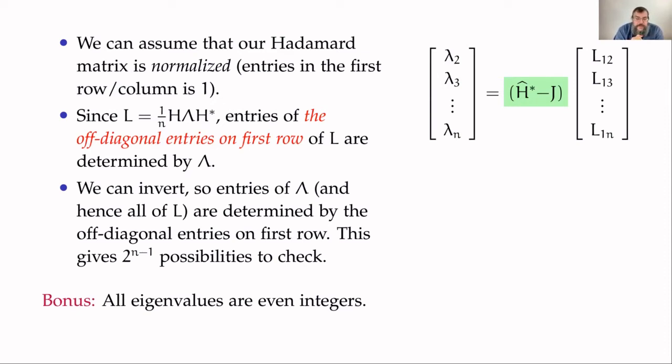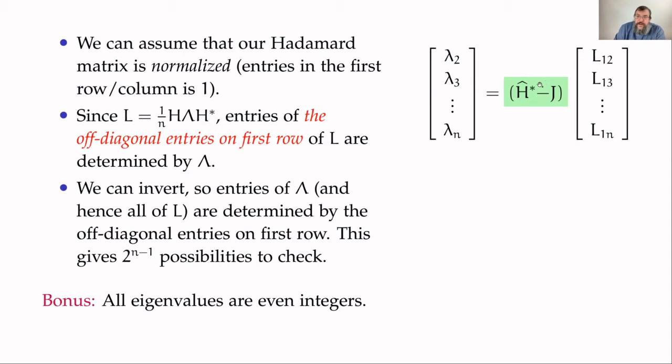And this shows that all eigenvalues are even integers. And the way we get the bonus is to say, look at what we can say about the entries of this H hat star minus J. Well, remember, this is a part of the Hadamard matrix. So originally H hat is 1 and -1, subtract J, and then we get 0 and -2.